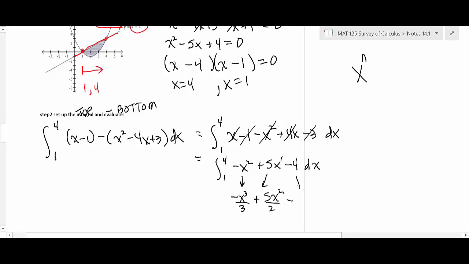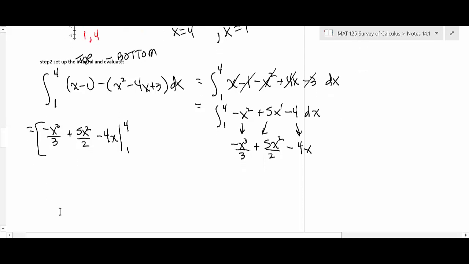And then how about 4? 4x. Now, you don't put the plus c because it's a definite integral, but that is your antiderivative. So what you're going to do is negative x to the third over 3 plus 5x to the second over 2 minus 4x. This thing gets evaluated from 1 to 4.